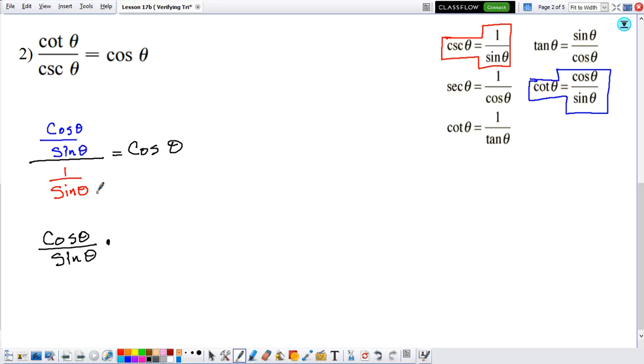The reciprocal of 1 over sine is just sine over 1, and that is still equal to the right side. But what do you notice about the sines here? The sines cancel out. So now we have cosine over 1, which is just cosine. So we end up with cosine is equal to cosine. So we're done.